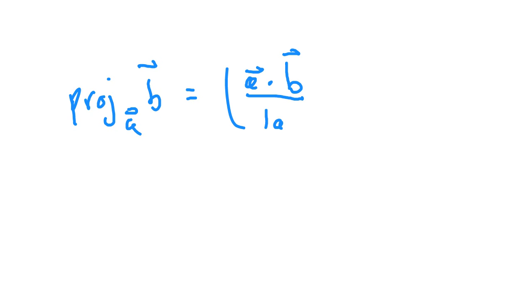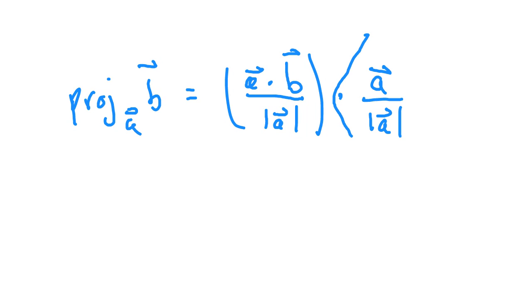So the projection of the vector B onto A is equal to A dot B over the length of A times the unit vector in the direction of A. I shouldn't have a dot here. This is times, not a dot.